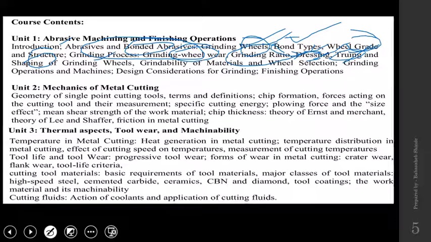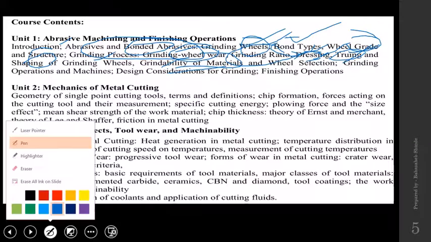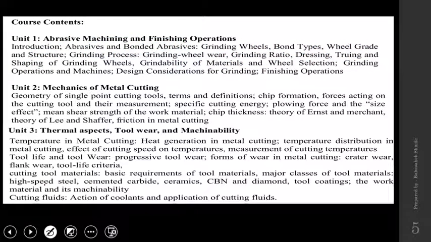The next would be shaping of grinding wheels, how grinding wheels are made, then grindability of material, that is, how easily materials can be ground. That term is called grindability, which we'll be talking about. Then wheel selection for a process. When you want to machine a particular material or object, we need to go for wheel selection depending upon the shape and size of the object, and material properties also we need to consider.